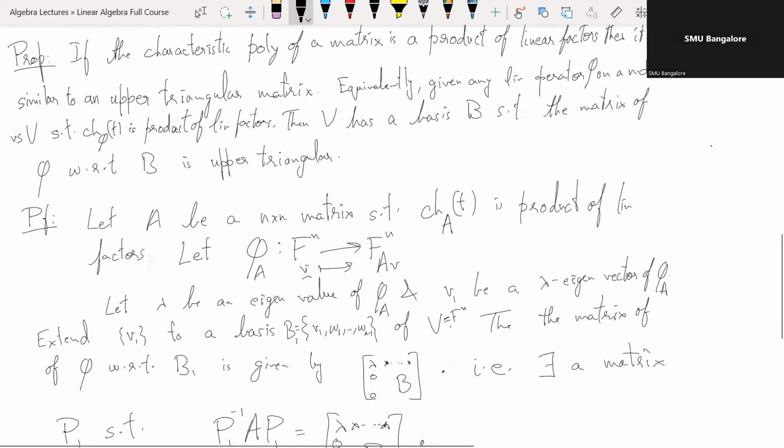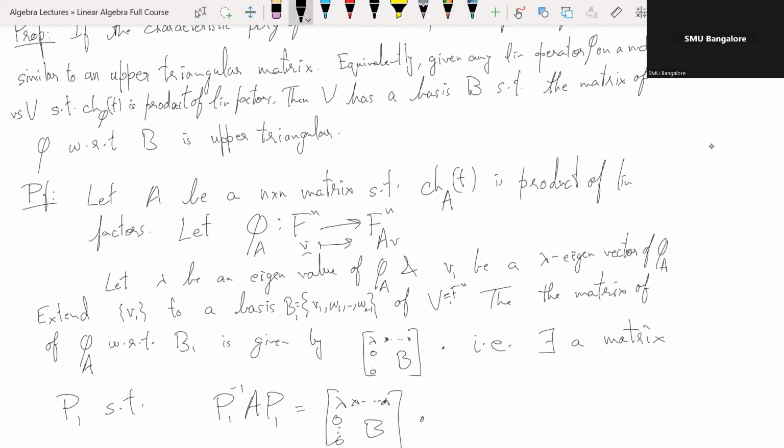Then what is the matrix of phi_A with respect to this basis? It has to have this form: A v1 is a lambda multiple of v1, so the first column has to be lambda, 0, 0, 0, 0, 0. And the rest we don't know what it looks like.